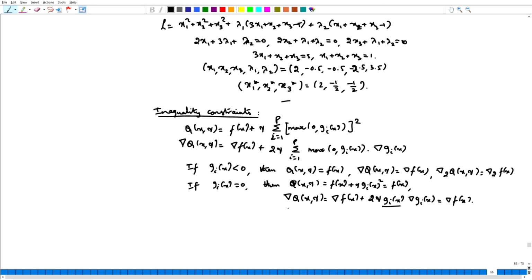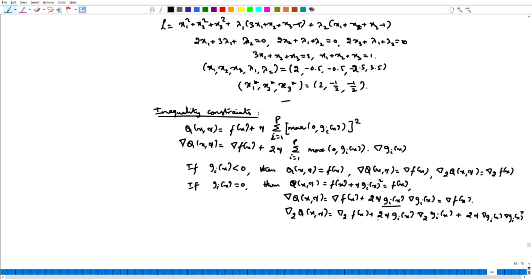Now, what is the Hessian of q of x comma gamma? That will be del 2 f of x plus 2 gamma gi of x del 2 gi of x plus 2 gamma del gi of x del gi of x transpose.